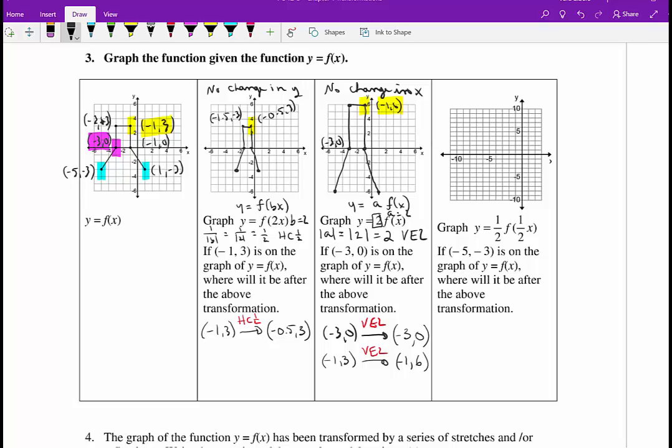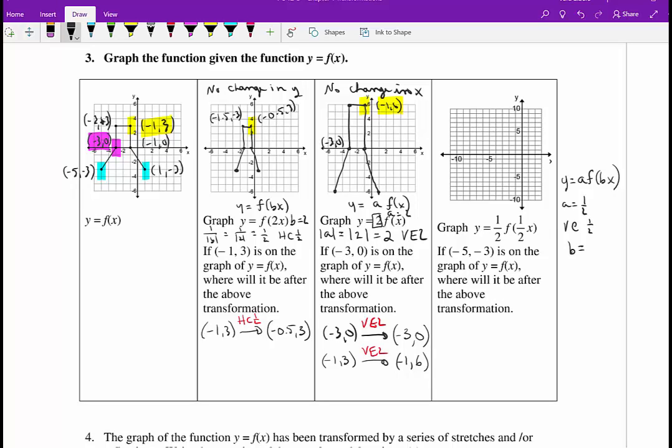Okay, in our next example, we're going to apply 2 different stretches, a vertical stretch and a horizontal stretch. So what we have then is a graph in the form of A, F of B, X. Okay, so our A value is 1/2. That means we have a vertical compression of a half.